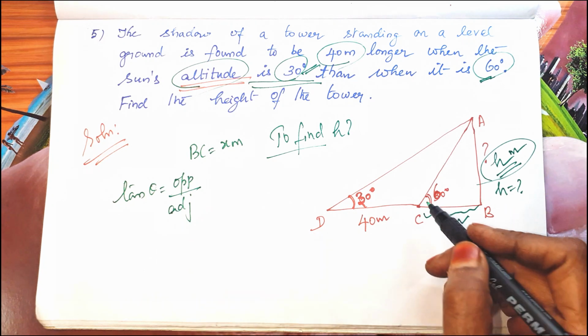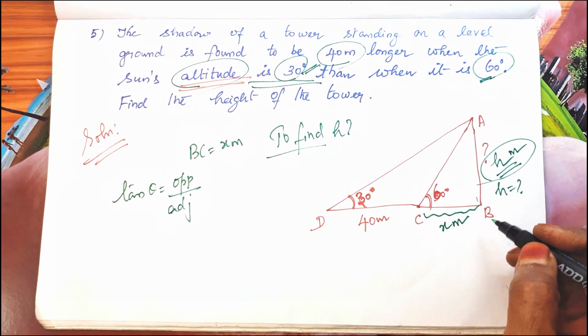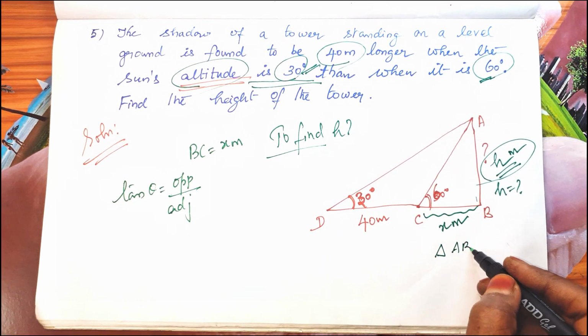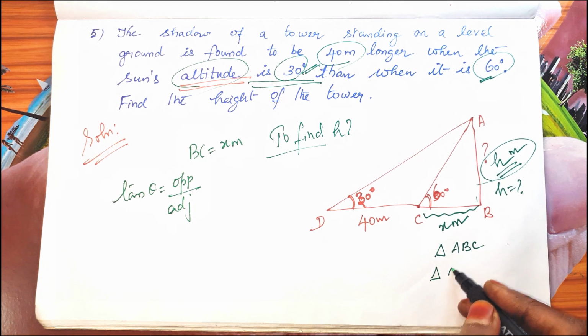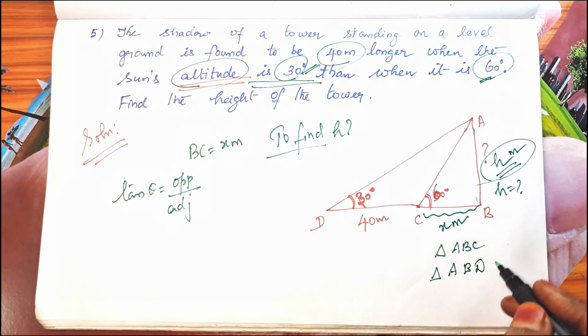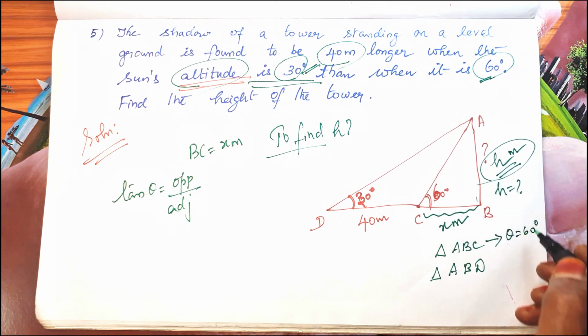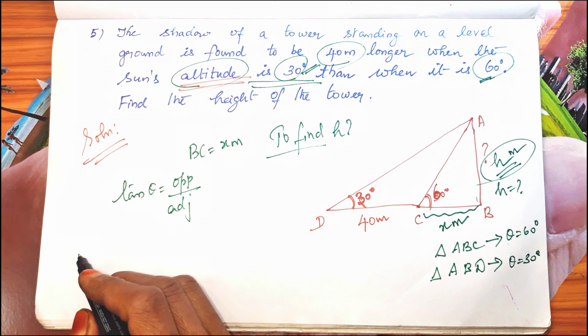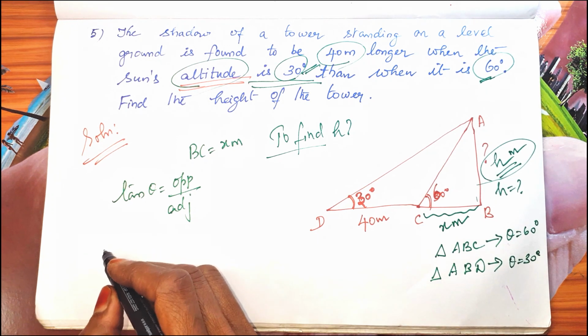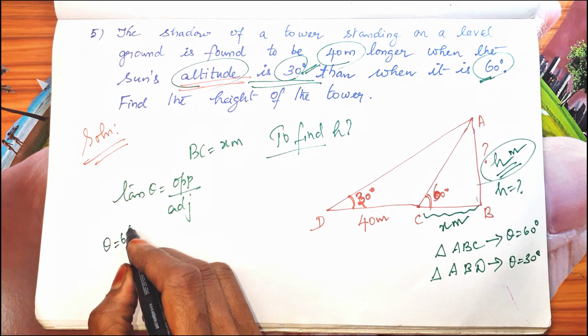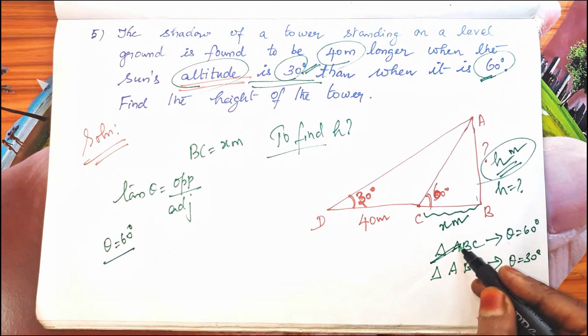So we have two right angle triangles. One is triangle ABC, the other one is triangle ABD. For this we take theta as 60 and for this we take theta as 30. So first we take theta as 60, for the triangle ABC.